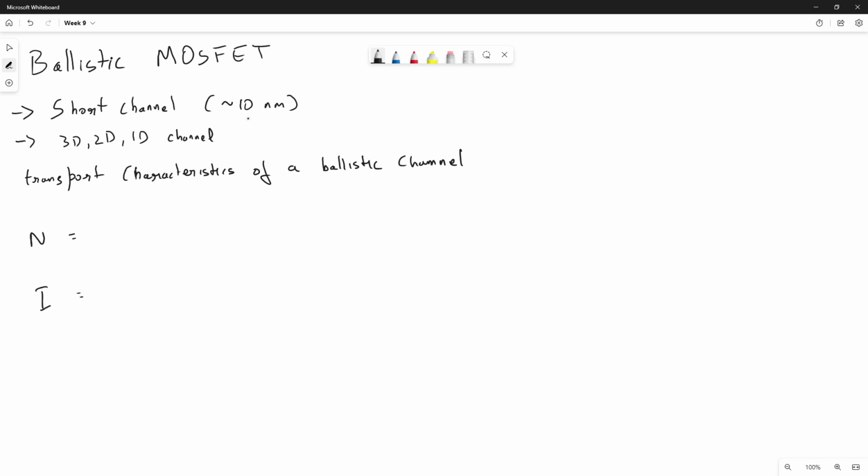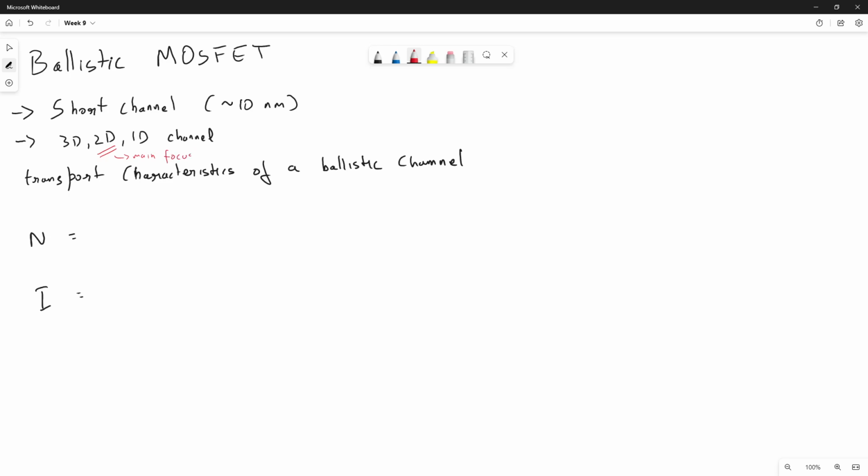Now, if it's a 0D channel, the length dimension does not factor in at all. Is that clear? I need a channel that has some kind of length, so for it to have some kind of length, I will need at least one dimension. So, primarily, the 2D will be our main focus.